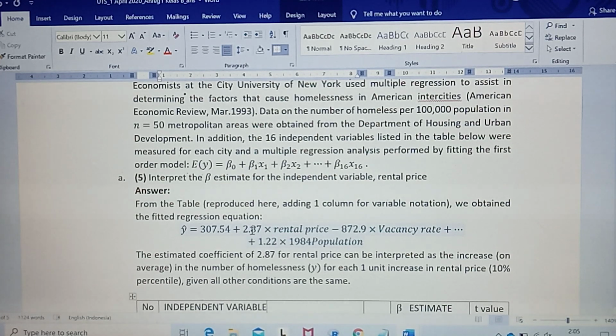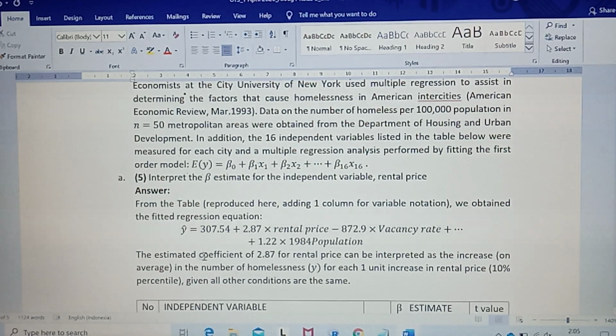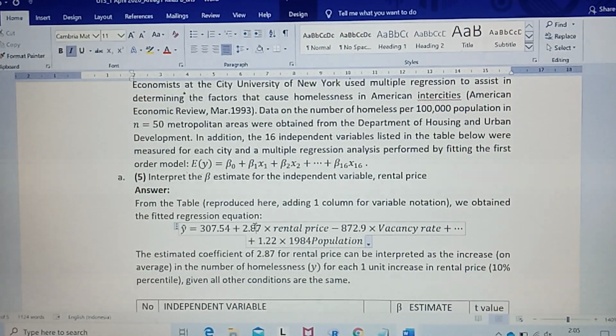The increase is 2.87 for each unit increase in the rental price. So we can write something like this. But keep in mind that when we evaluate the effect of the rental price, that number 2.87 is the increase in y as the rental price increases by 1 unit, holding all other variables constant, all the other conditions the same.